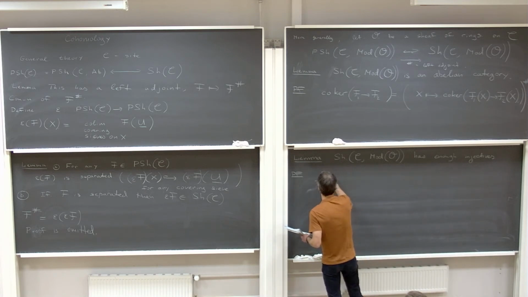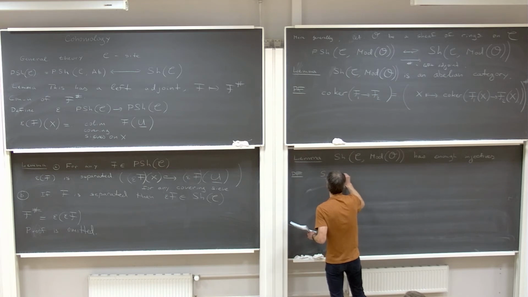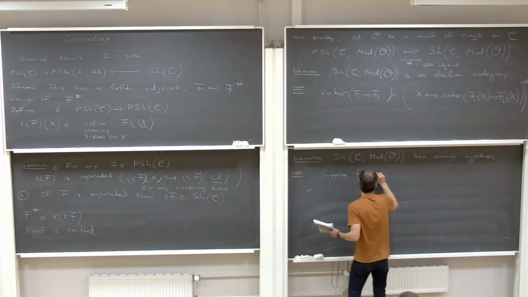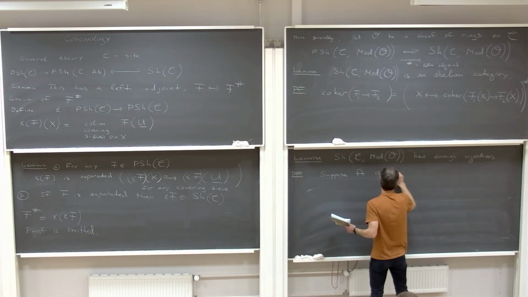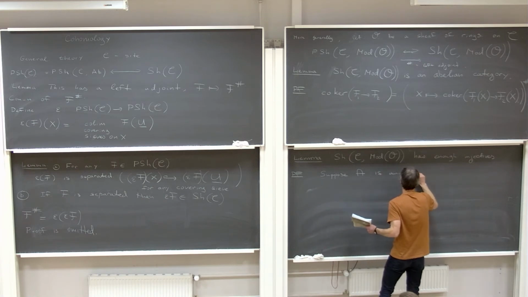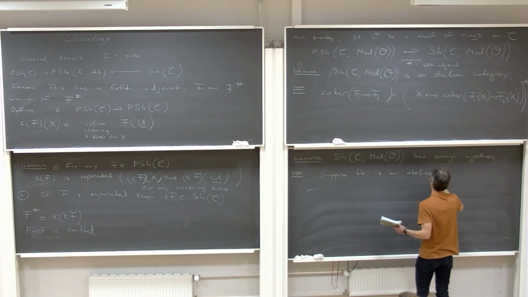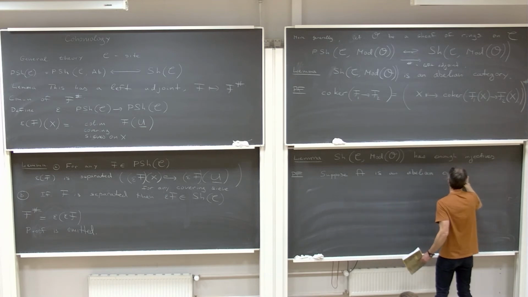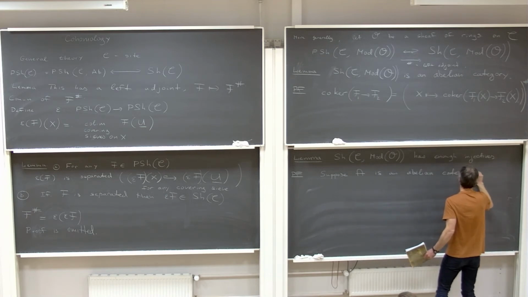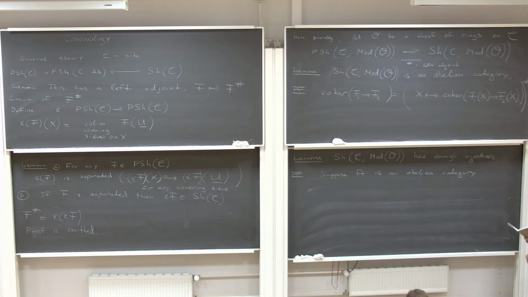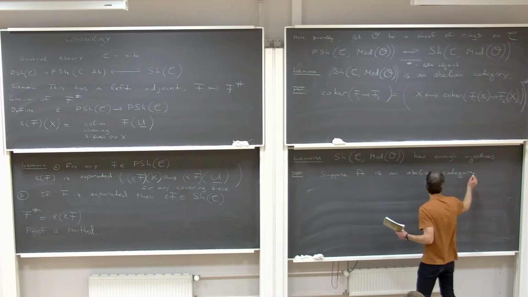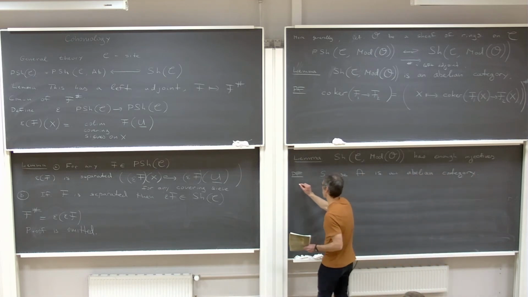Suppose A is an abelian category, and I want to know whether it has enough injectives. So assume that it has the following properties.